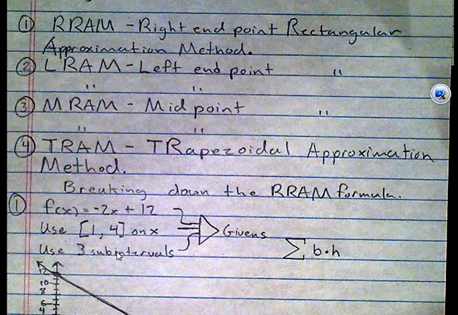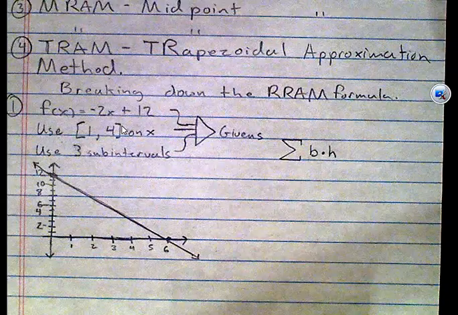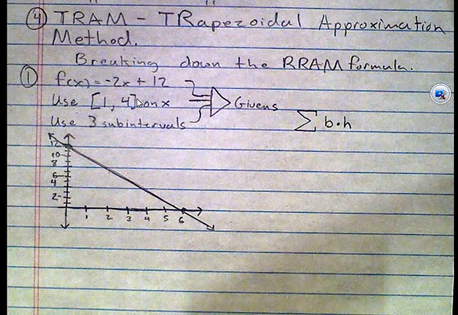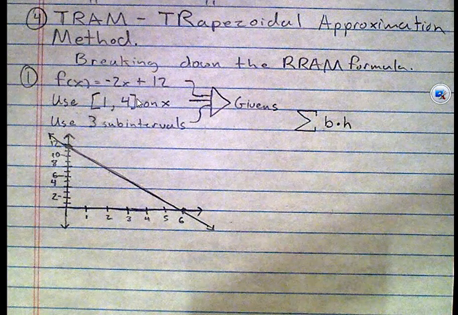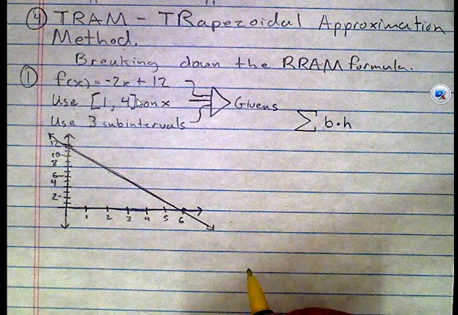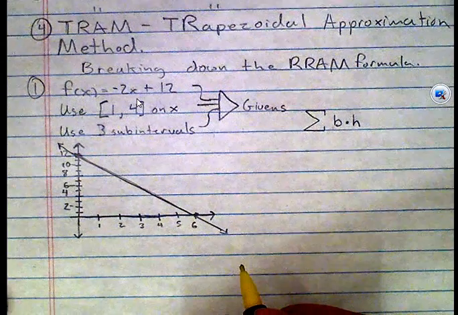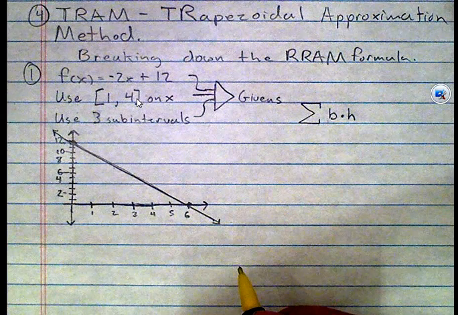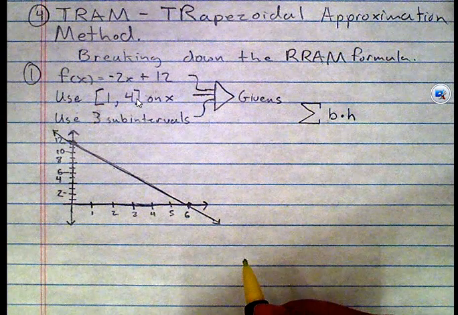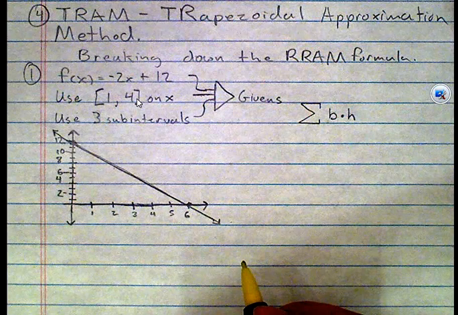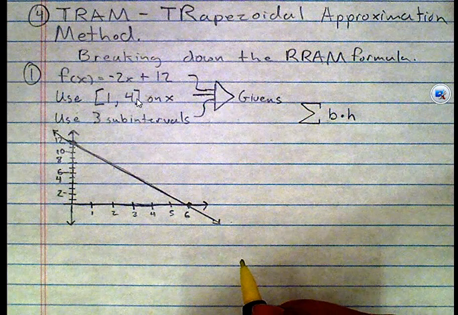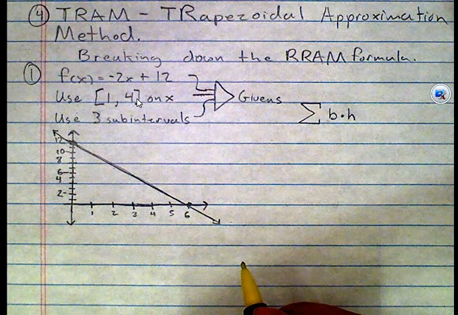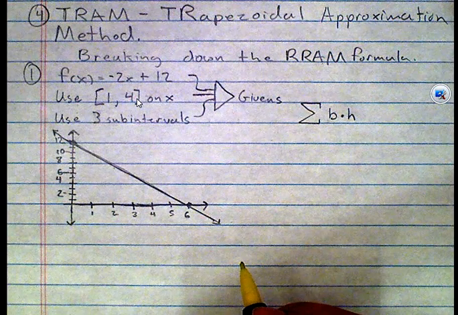First, we're going to break down the RAM formula. Let me note that each time there is an easy way of doing this, and then there's a hard way. You have to be able to do both. So on each of these problems, I'll do it the easy way first, and then I'll go into the difficult way.